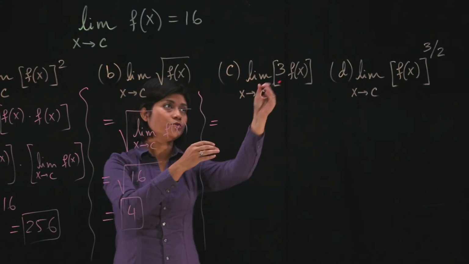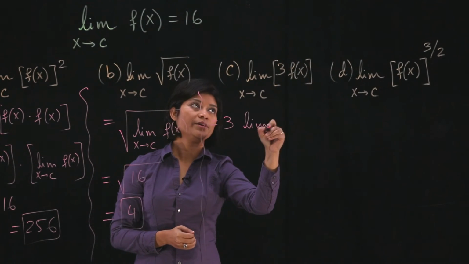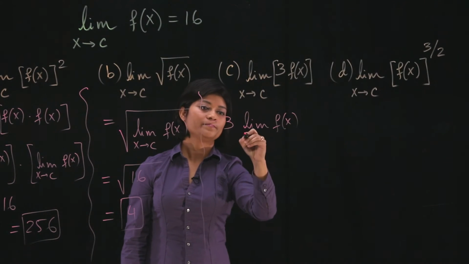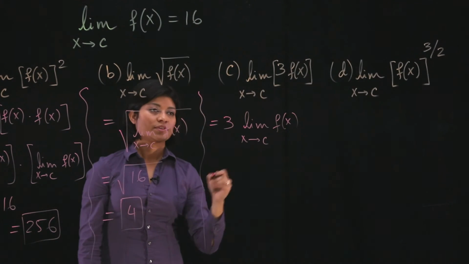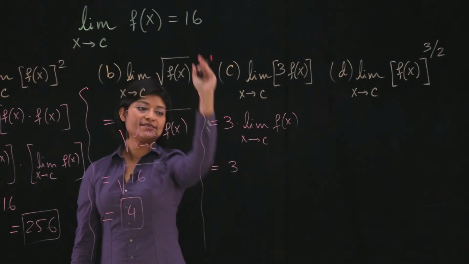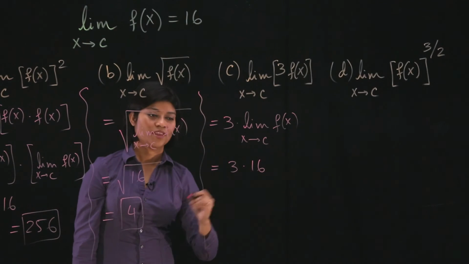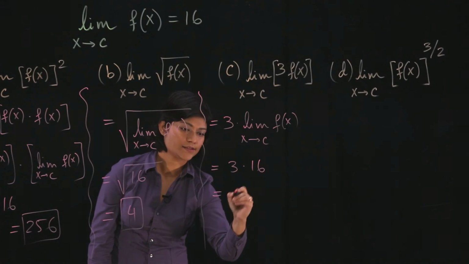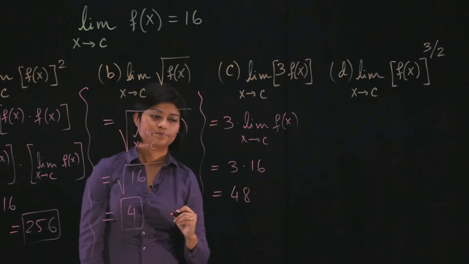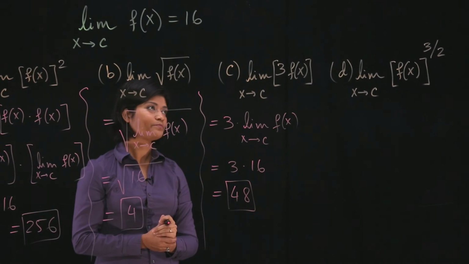So this is equal to, you pull the 3 out, 3 times the limit of f(x). And one more time, we know that the limit of f(x) is 16, so the answer will be 3 times 16. And 3 times 16 is 48. So that is the limit for part C.